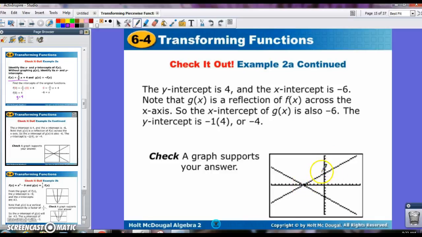When I reflect across the x-axis, I'm flipping it over the x-axis. This was my original line, and when I flip it over the x-axis, it ends up down here. So this is my new y-intercept, but notice my x-intercept didn't change. My y-intercept got negated because I reflected over the x-axis.